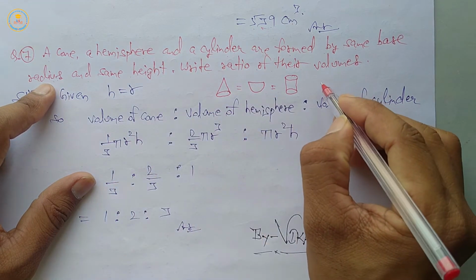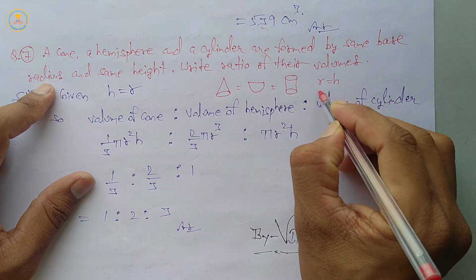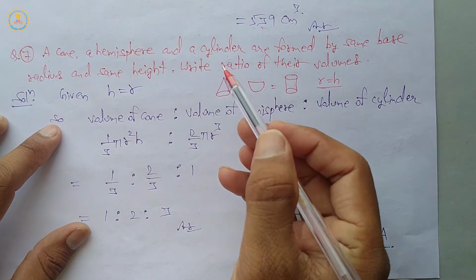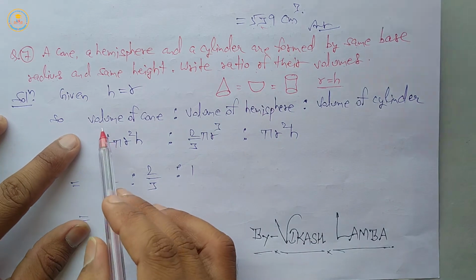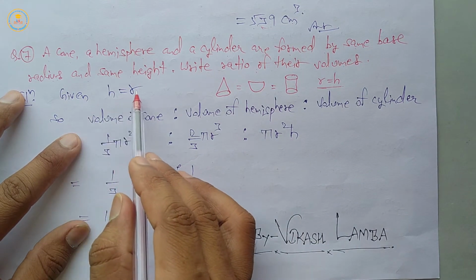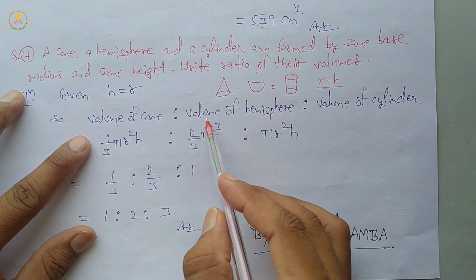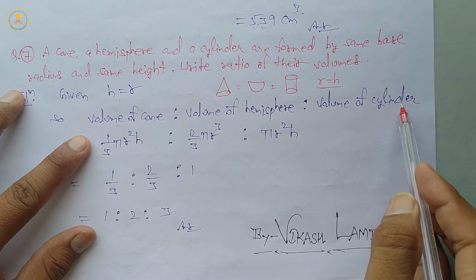Therefore radius is r and height is h, are equal. We find ratio of their volumes. Okay, given h equal r, so volume of cone ratio volume of hemisphere ratio volume of a cylinder.